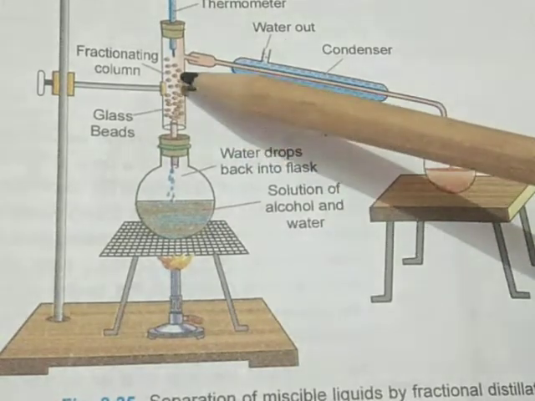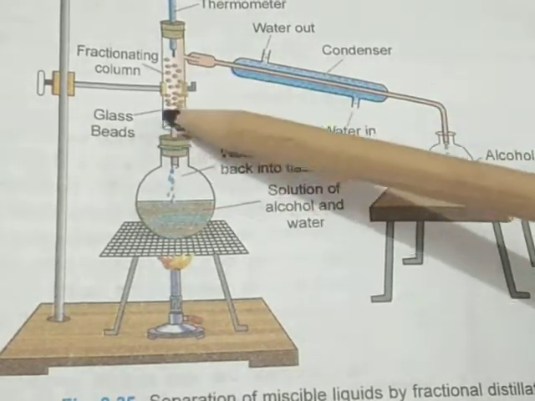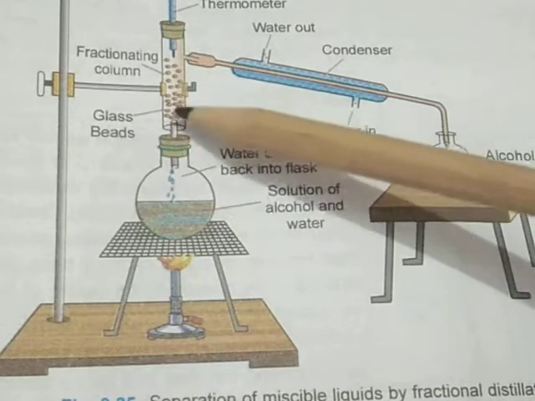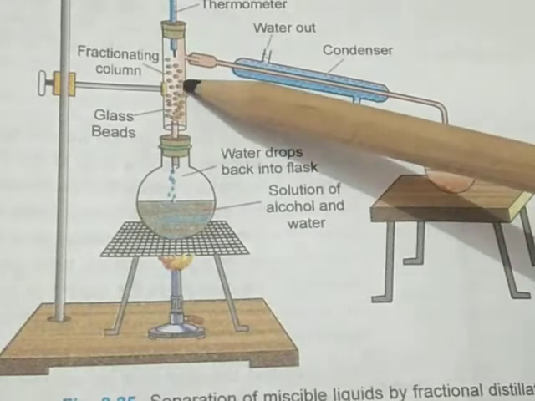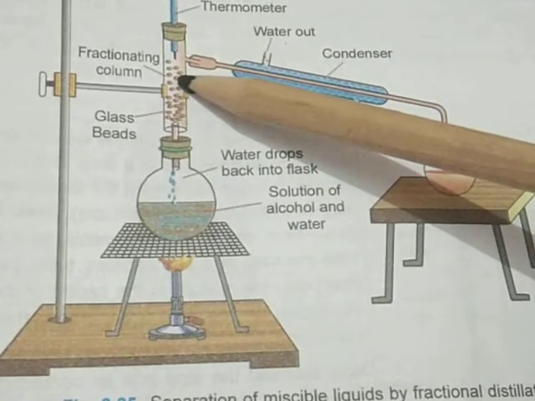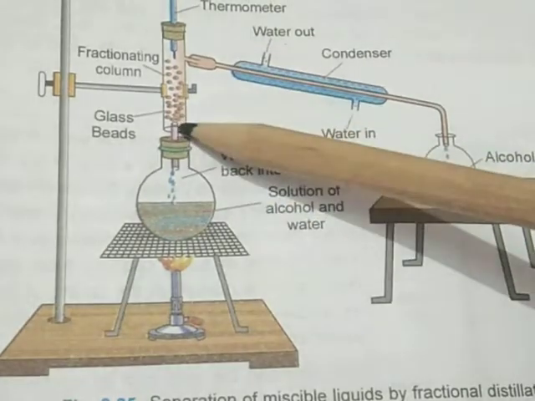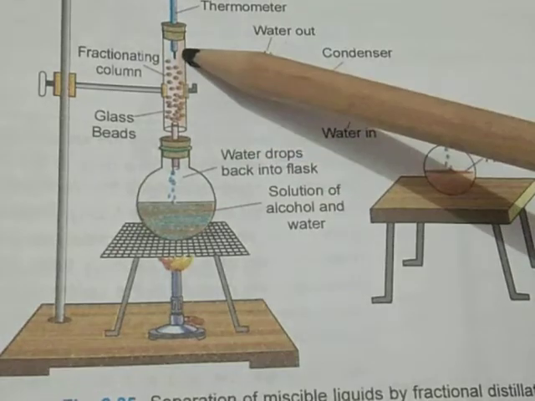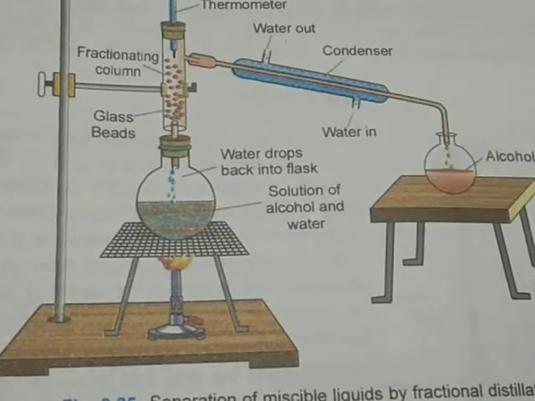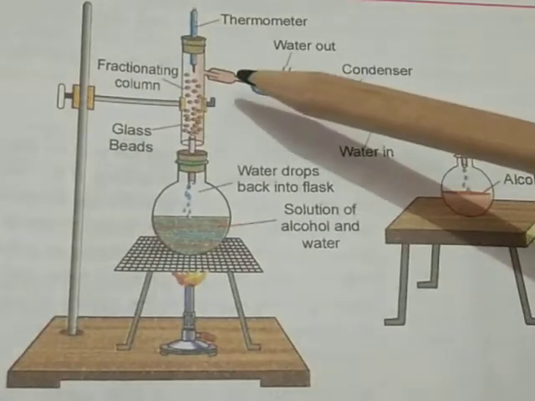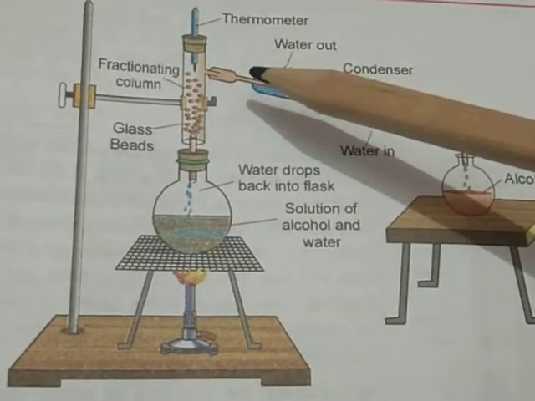This column has some glass beads like this, dotted glass beads. This is used to obstruct the upward movement of vapors of the two liquids. It means the vapors of the high boiling liquid will rise up and get condensed to release energy that will be taken up by the vapors of the low boiling liquid, like alcohol.